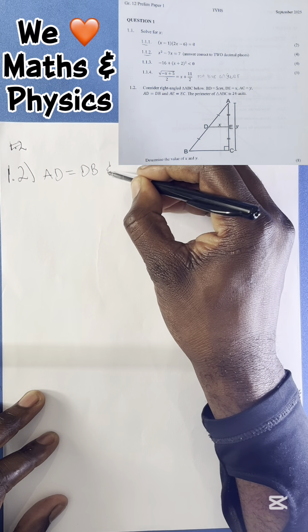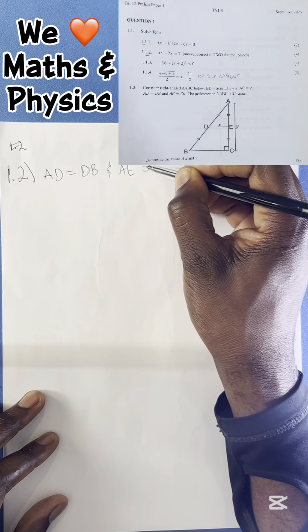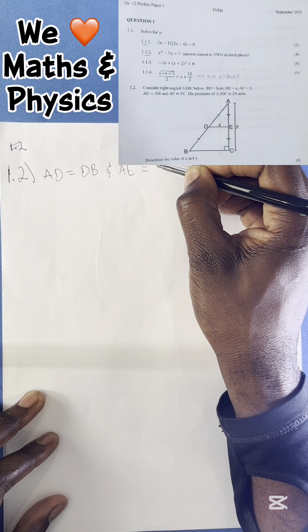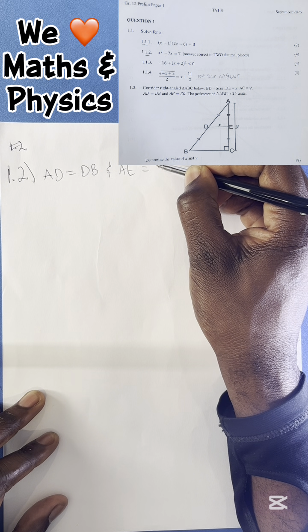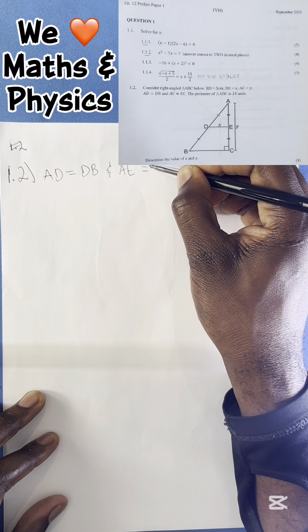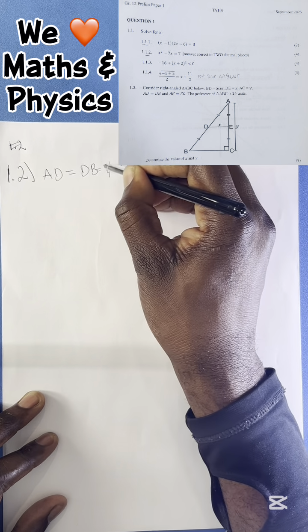Consider the right angle triangle ABC below. BD is equal to 5, DE is equal to x, AC is equal to y. So looking at that triangle, this is obviously equal to 5.